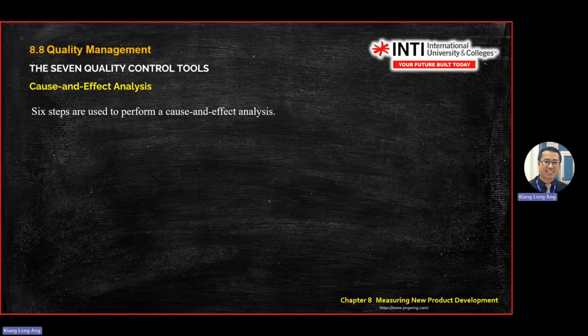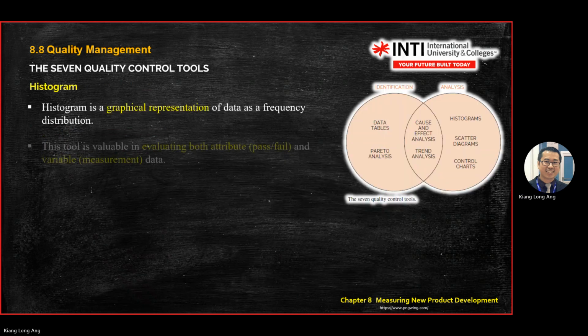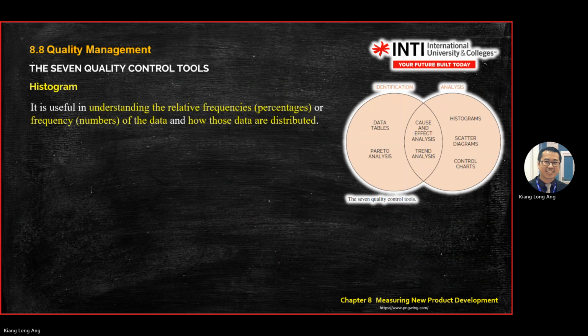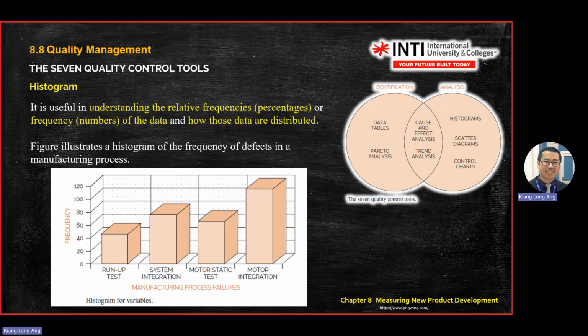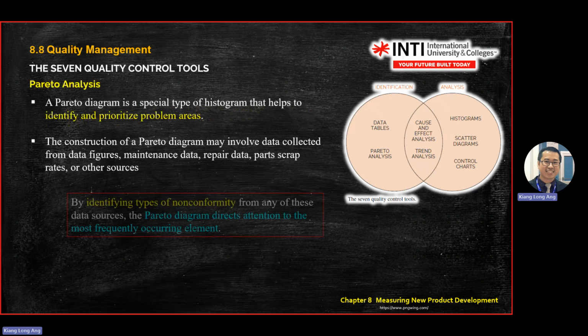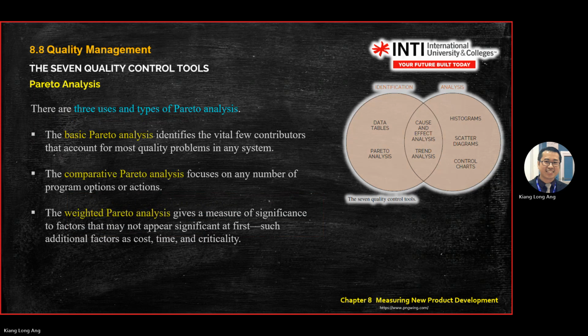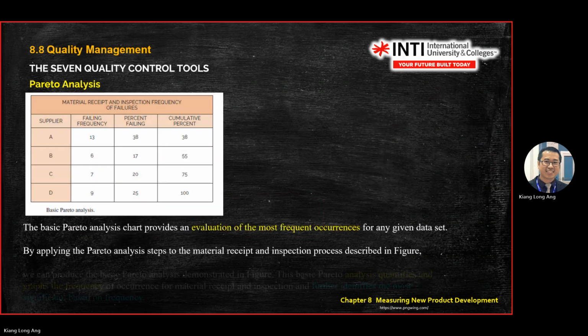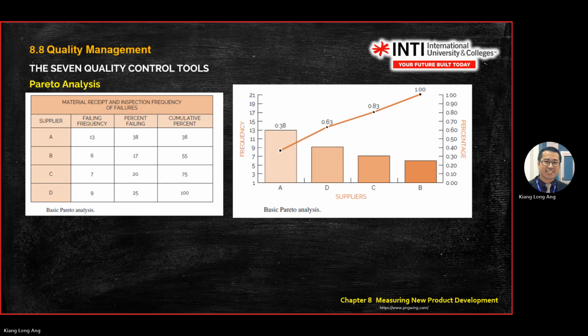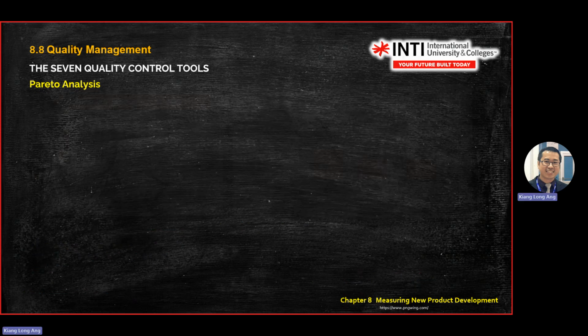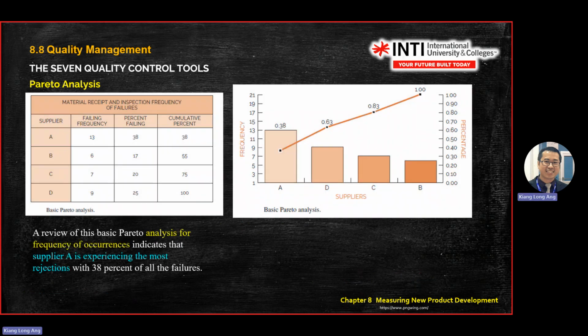This one you read. Histogram, what is a histogram, how you apply it, what you do with the histogram. This one also you read from the PowerPoint slides. Okay. This one is too easy for this module, so I don't ask this kind of question.